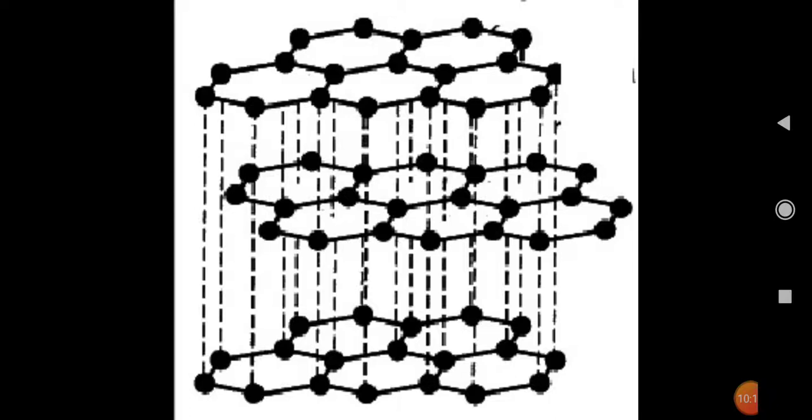Each carbon atom undergoes sp2 hybridization, making 3 sigma bonds as well as 1 pi bond. So the electrons are mobile, and it can easily conduct electricity. This is about graphite. As compared to diamond, graphite is very soft. Diamond is the hardest substance, but graphite is soft.